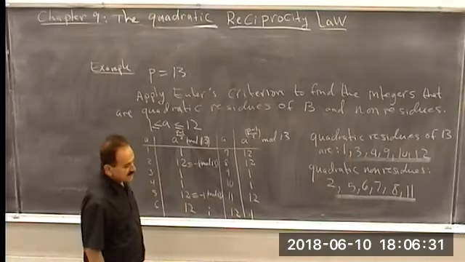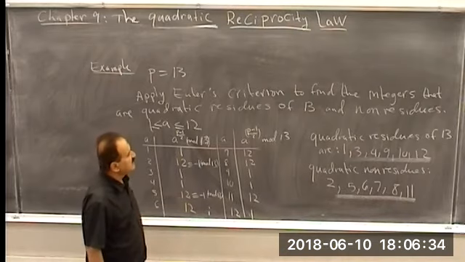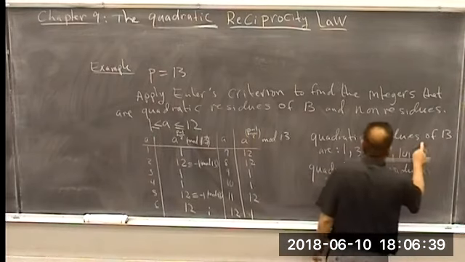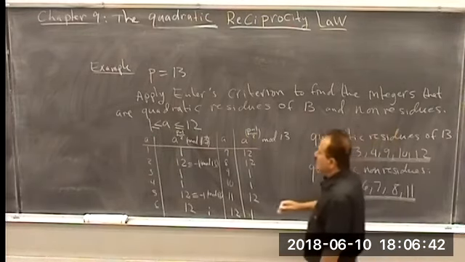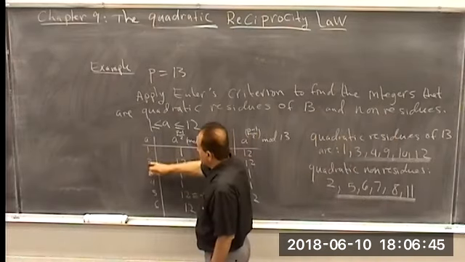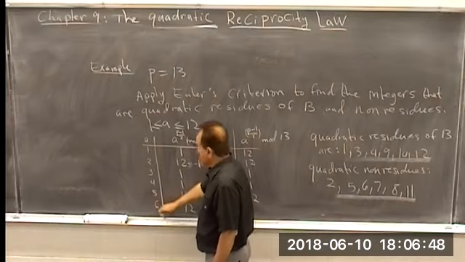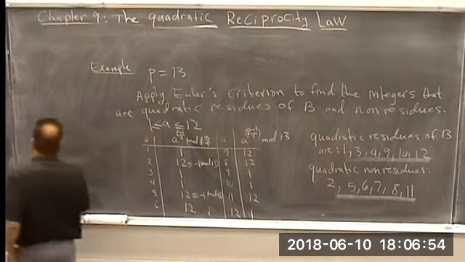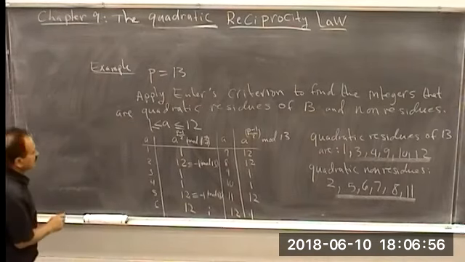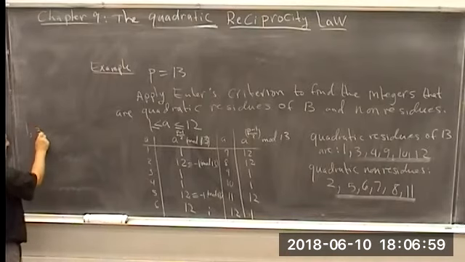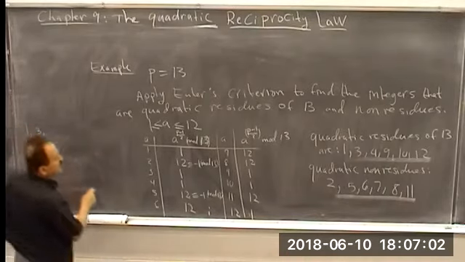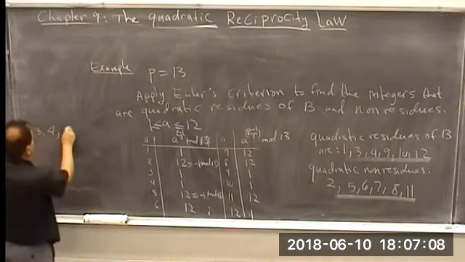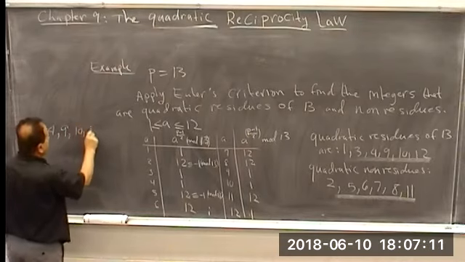And actually, this is the case in general, and we're going to prove this fact. Also, we're going to find that the quadratic residues are going to be congruent to half of these squared: 1 squared, 2 squared, 3 squared, 4 squared, 5 squared, 6 squared, in some order. So these are going to be the quadratic residues, which are 1, 3, 4, 9, 10, and 12.